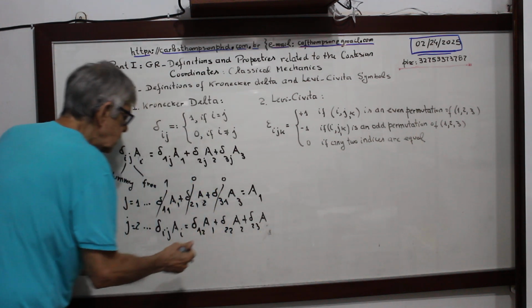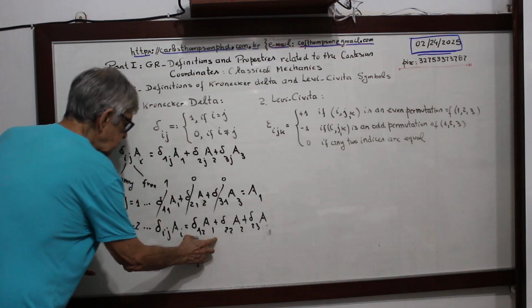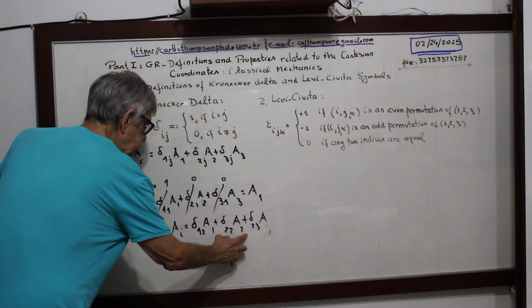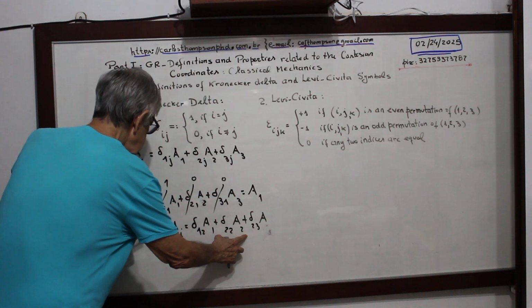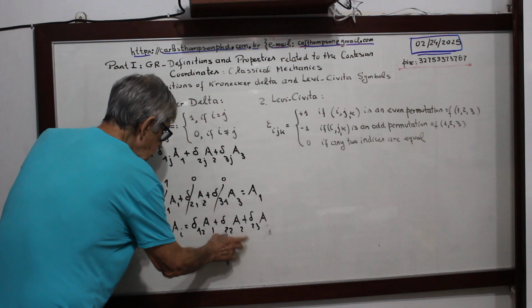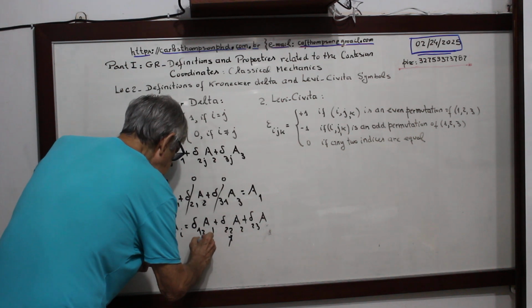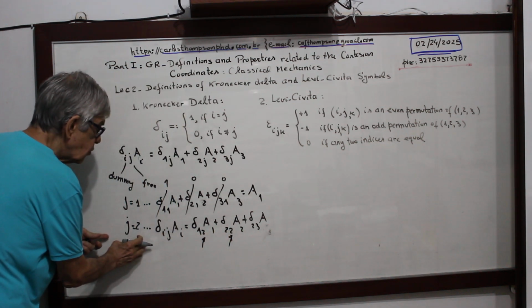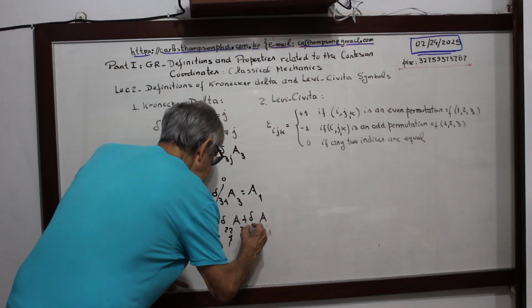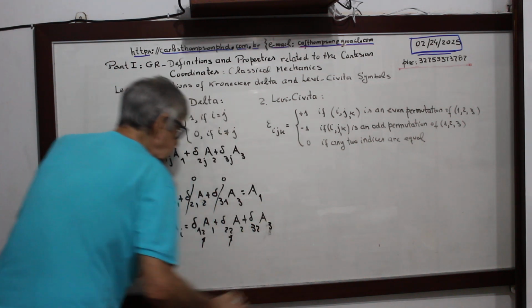See, it's easy, you see? j always will be here, because j is equal to 2.